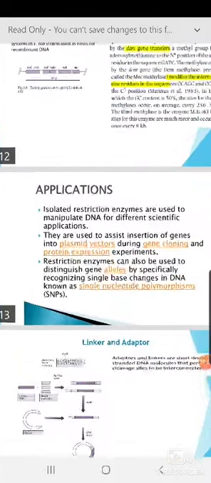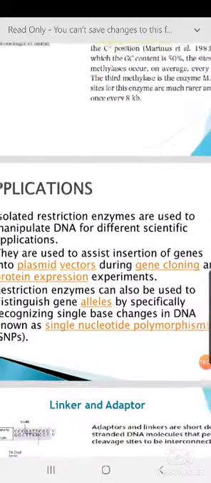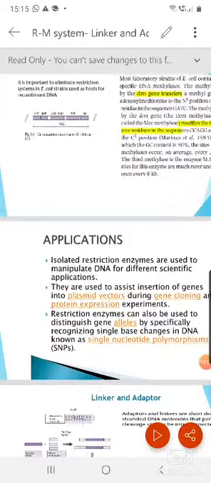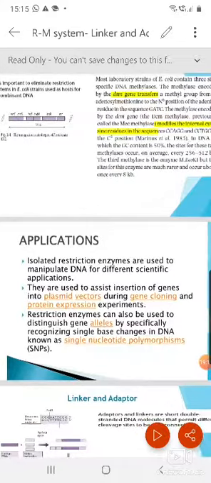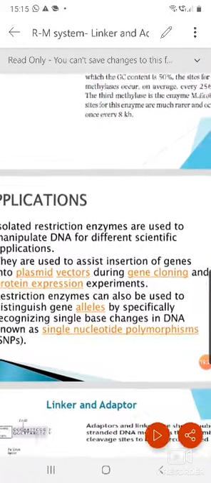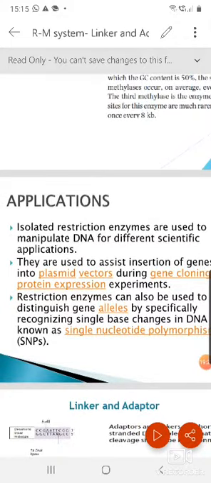Now the applications. Isolated restriction enzymes are used to manipulate DNA for different scientific applications. They are used to assist insertion of genes into plasmids during gene cloning and protein expression experiments. Restriction enzymes can also be used to distinguish gene alleles by specifically recognizing single base changes in DNA known as SNPs.